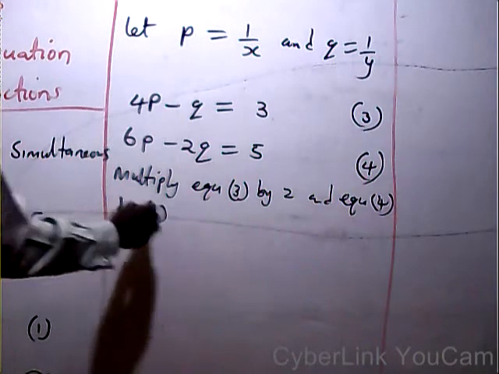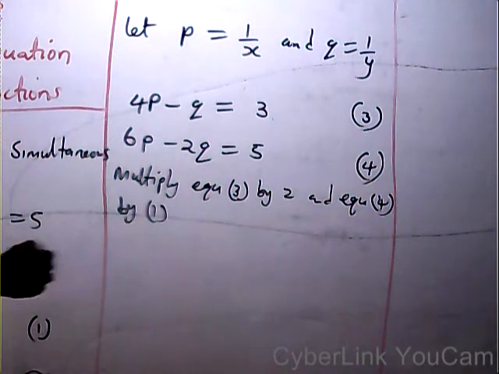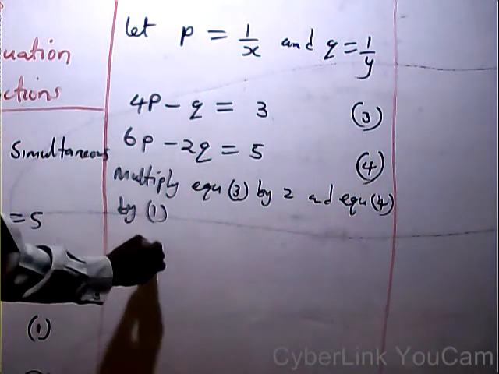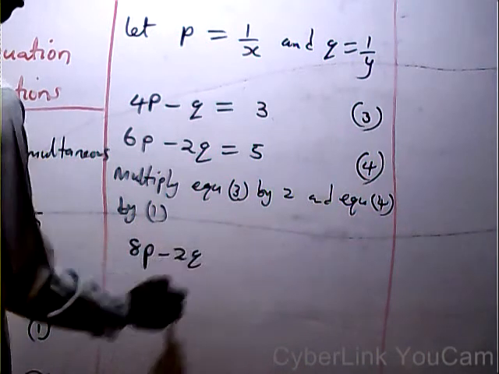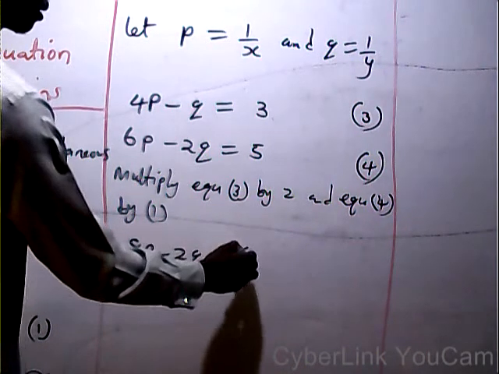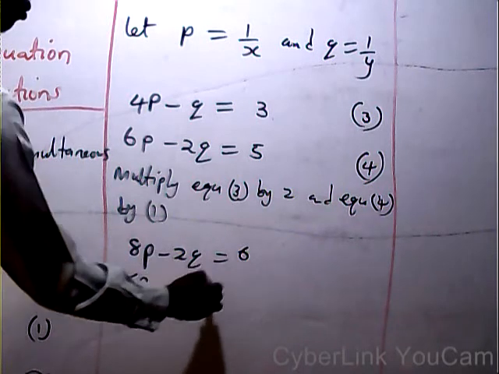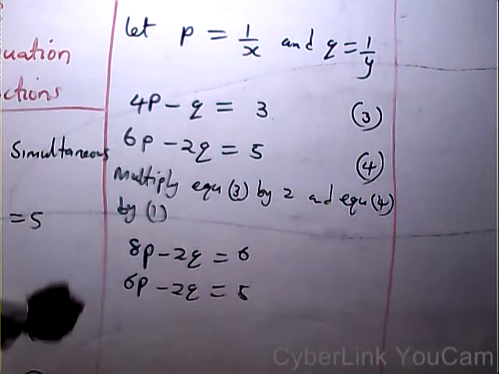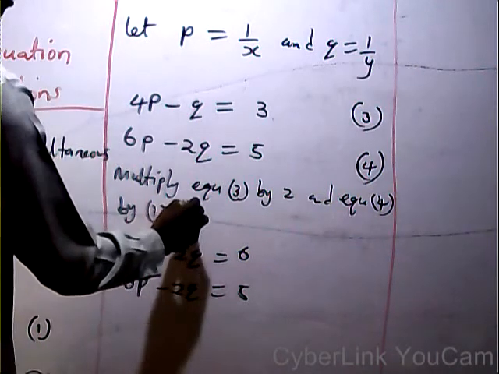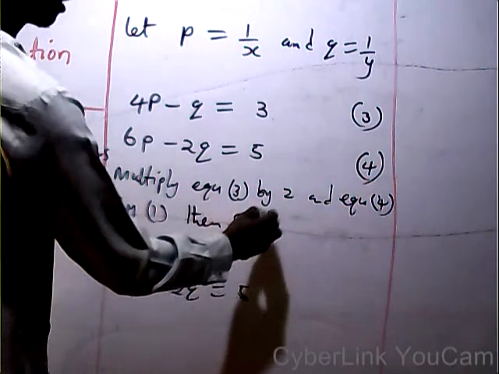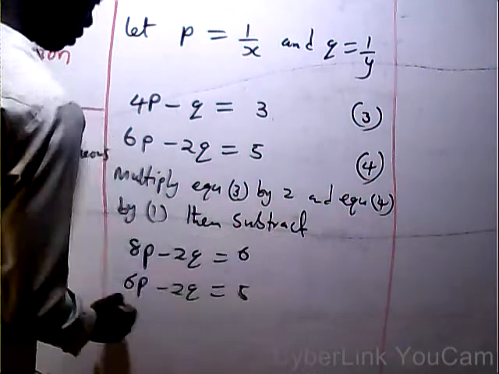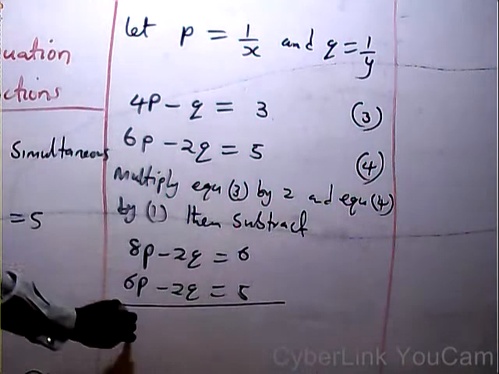So if I multiply equation 3 by 2, I will have 8p minus 2q is equal to 6. And the other one will still remain 6p minus 2q is equal to 5. So I can now subtract. This minus this will give me 2p.